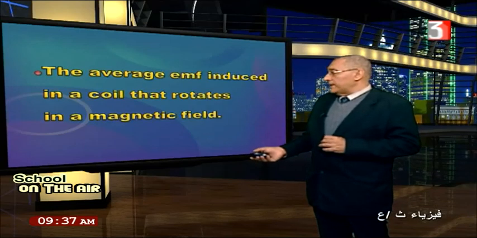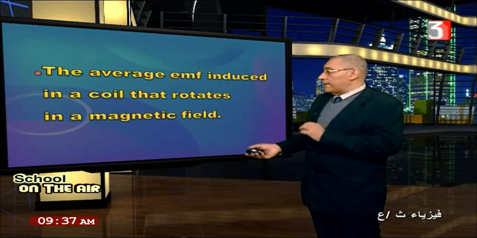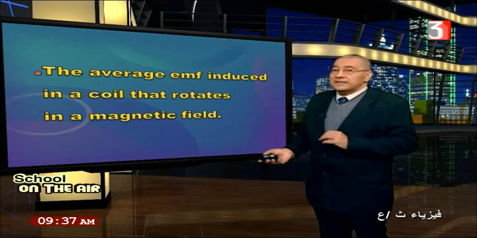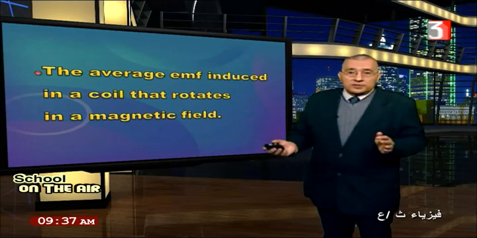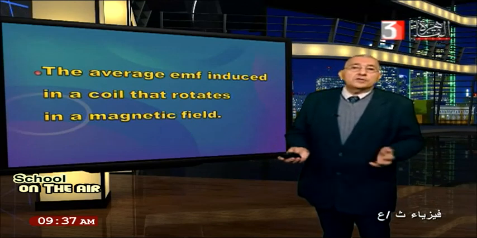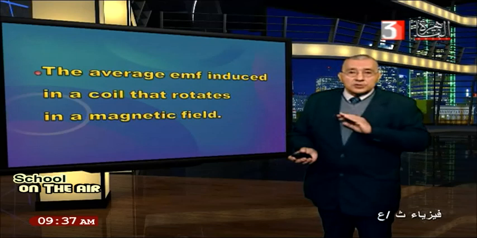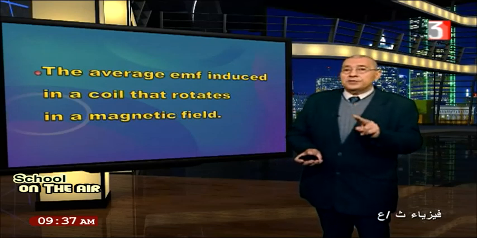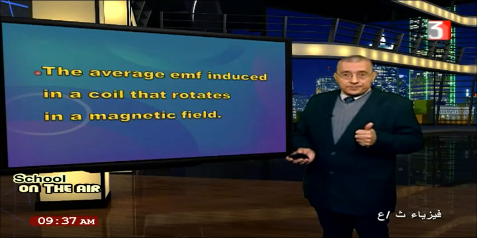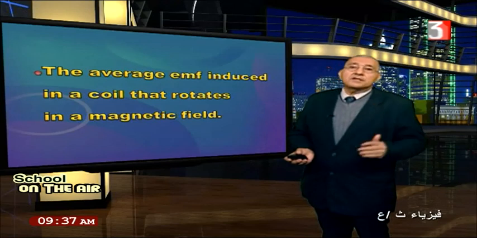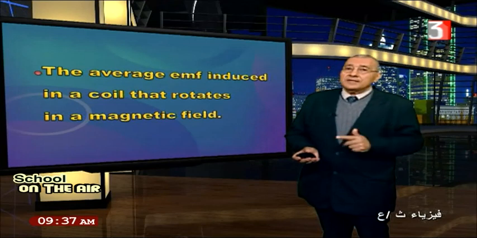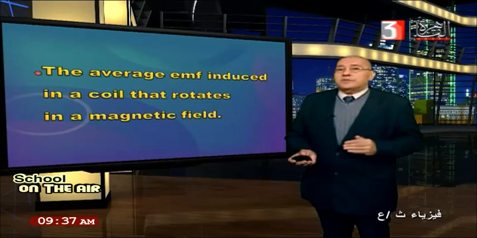Still talking about the same type of question: when does the average EMF induced in a coil, rotated in a magnetic field, equal 0? You should know it by heart. It happens in two situations. When the coil completes one revolution, one cycle, starting from the vertical position.